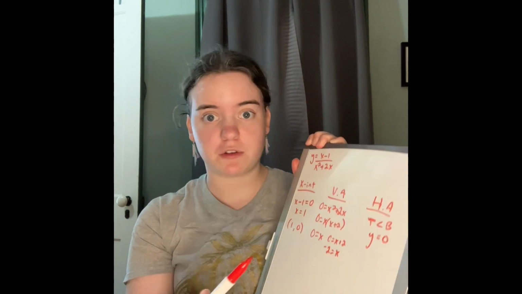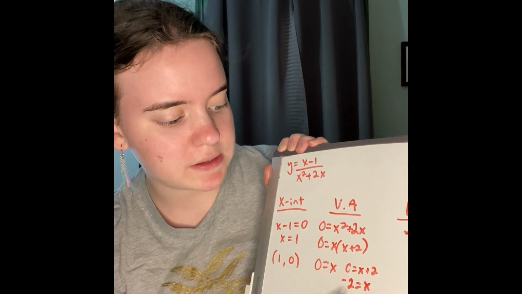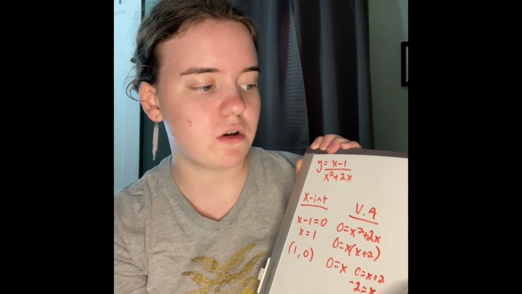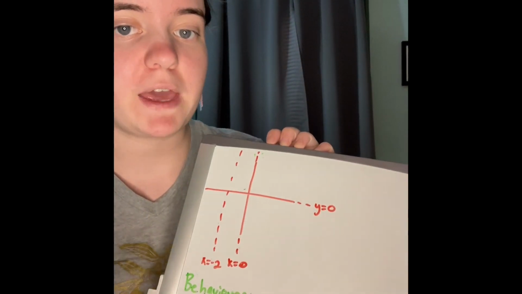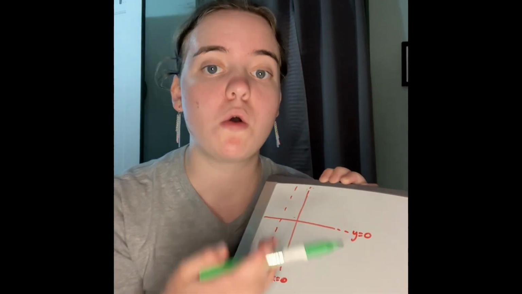We find the vertical asymptotes by factoring the bottom, which we get x and -2. And then we find the horizontal asymptote because we know the top is smaller than the bottom. So the horizontal asymptote is going to be 0. Okay, so now we have the basis of the graph. We have our asymptotes sort of drawn where they are.